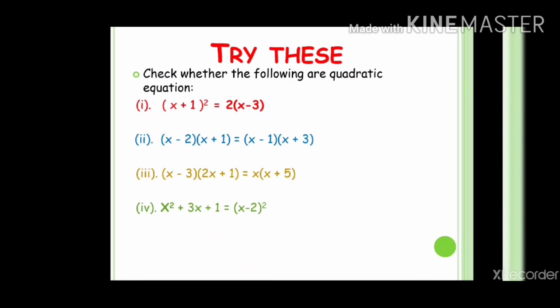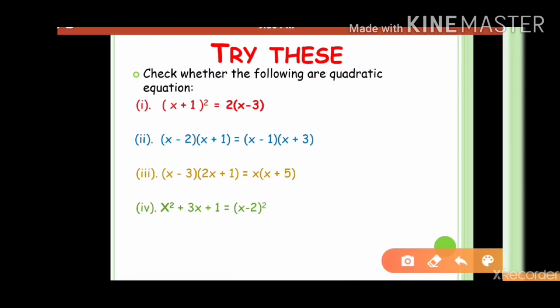Next is x squared plus 3x plus 1 equal to the whole square of x minus 2. We can write it as x squared plus 3x plus 1 equal to the whole square of x minus 2, which is x squared minus 4x plus 4. Now we transfer all these terms to LHS.